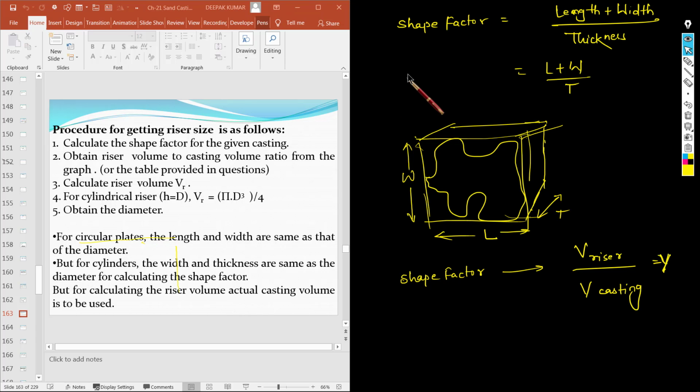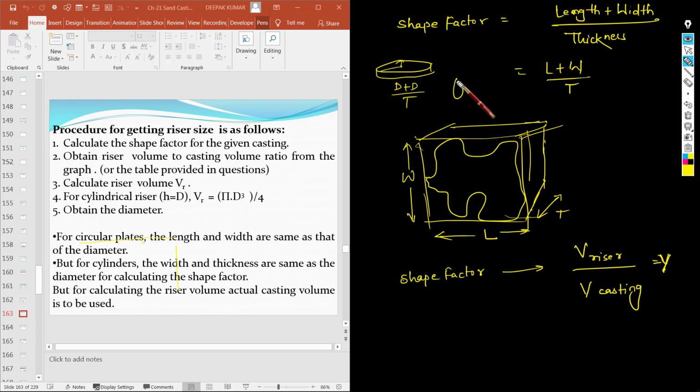So if there is a circular plate, the length and width are the same, so that is D plus D upon T, where the thickness may be given. For a cylinder, the width and thickness are the same as the diameter for calculating the shape factor.